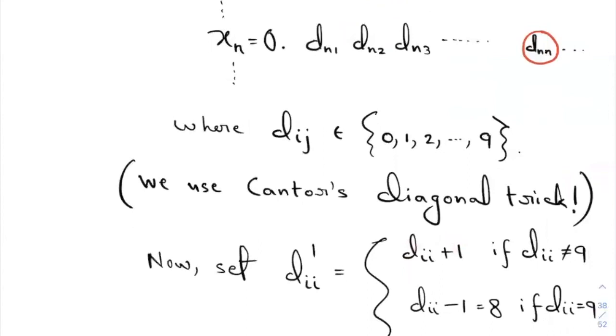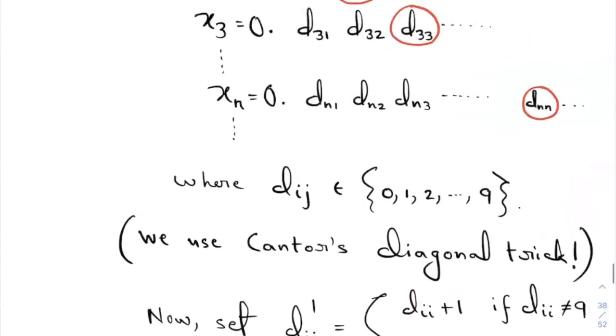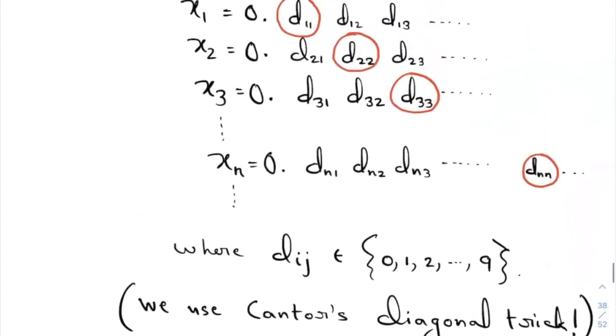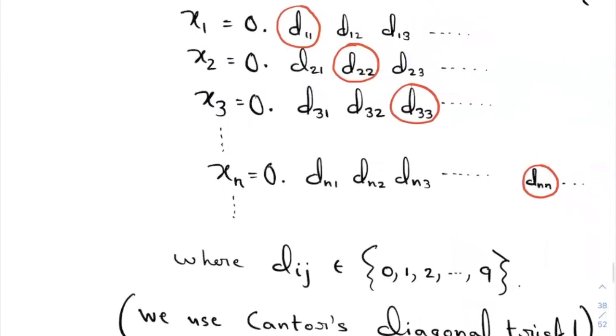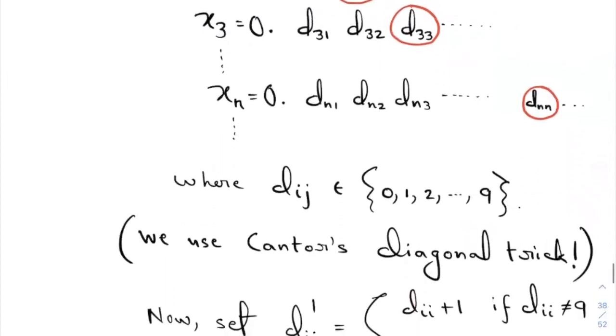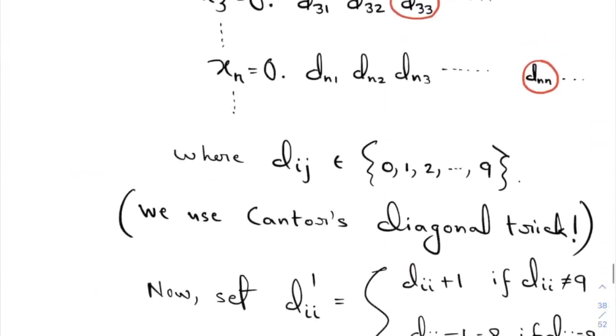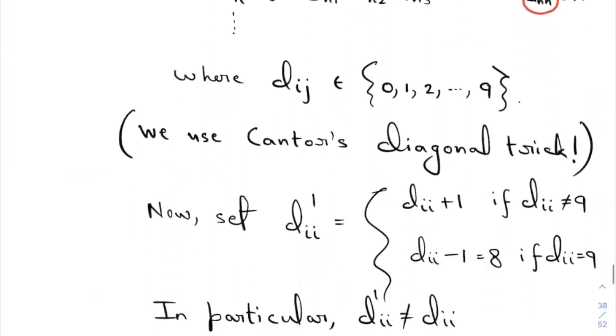So how am I changing this dii? Look at d11, d22, d33. I'm changing dii to dii dash by simply adding 1 if dii is not equal to 1, and subtracting 1 if dii is equal to 1. So this changes the digit dii.